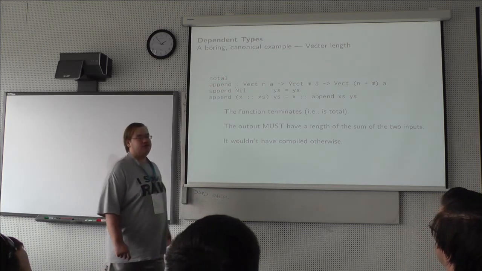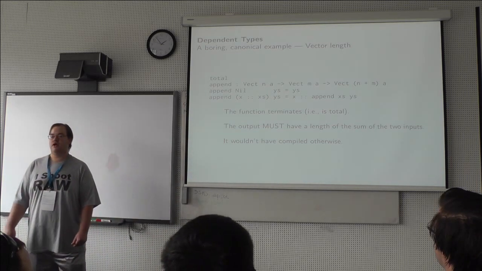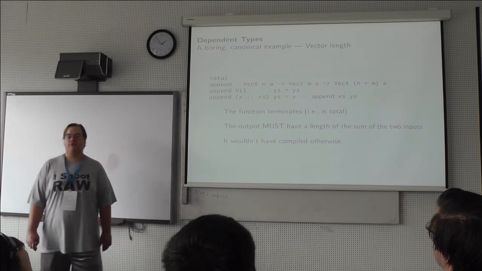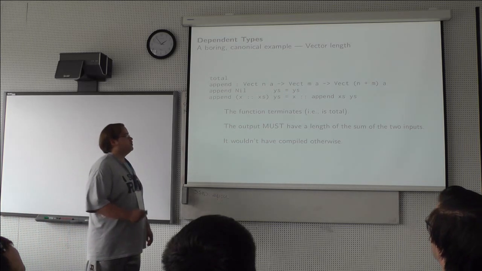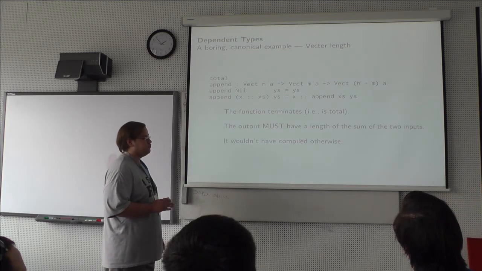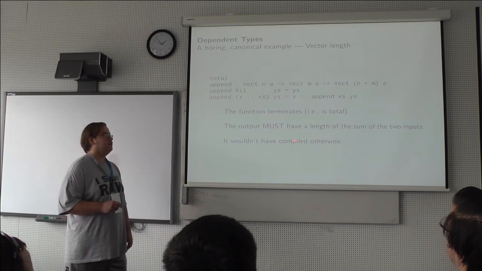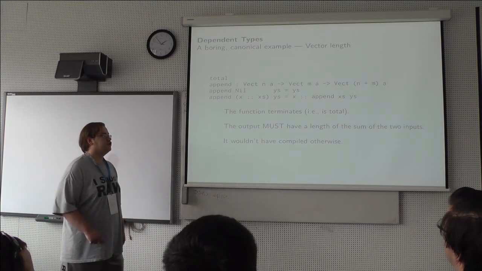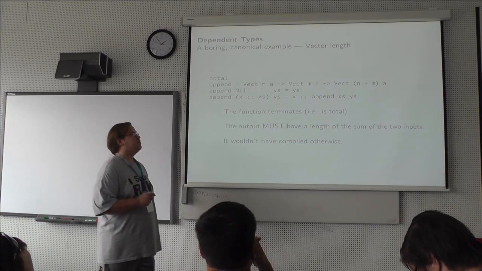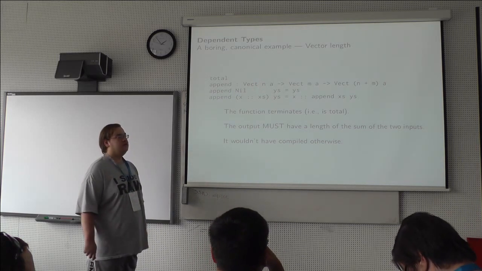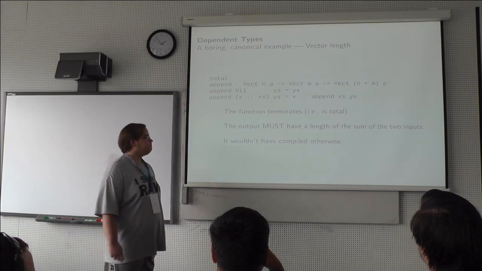In Idris, that means turn on the totality check and make sure that the function doesn't do anything weird like go into an infinite loop or throw an exception, something that evades the type system. So the function will always return. The vector that the function returns must have a length that is the sum of the lengths of the two inputs, so n plus m elements. Otherwise, it simply would not have compiled.